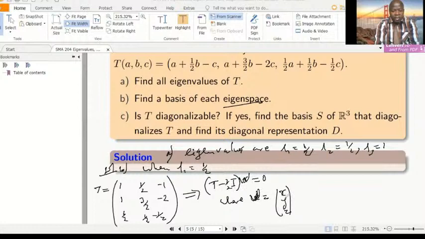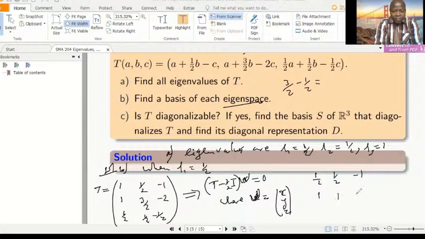So where W is the eigenvector x, y, z. Now, when I subtract a half I from this matrix, I would have a half at this point, and this will remain a half. This will remain negative 1. This will remain 1. So I have 3 out of 2 minus a half, and this is 1.